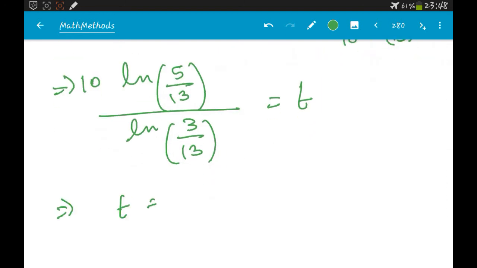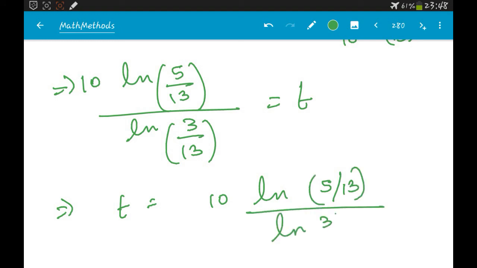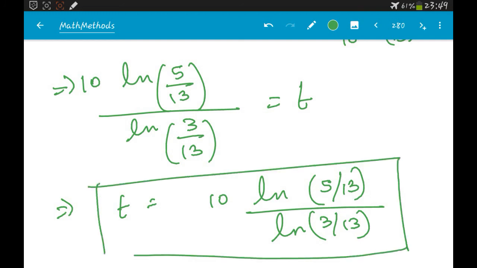So t is nothing but 10 into ln(5 by 13) by ln(3 by 13). So this is your solution. So you could easily find the solution for all of these problems.